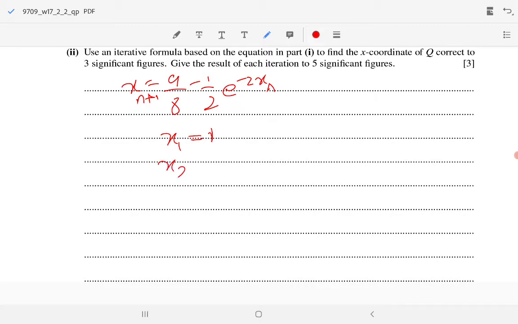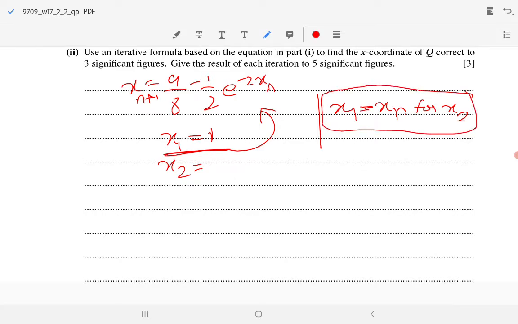So now x2 is going to be, for those who don't know, we'll just substitute this value into this equation for xn. So x1 is going to be xn now for x2. Alright, so in this we are going to use xn as x1.